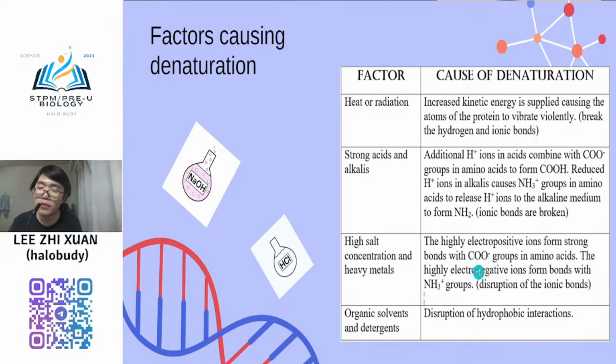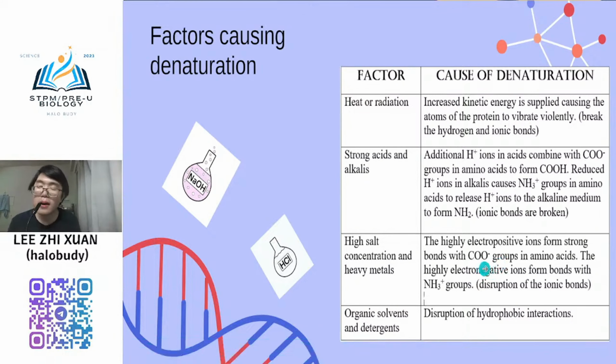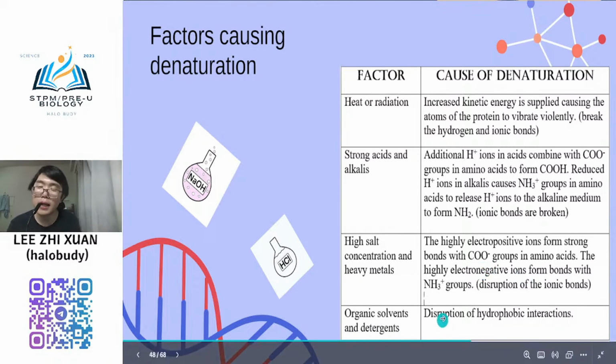Actually, in a real situation, your COO negative, your carboxyl group should form bond with the amino group, right? In a natural situation. But because they are highly electropositive ions, highly reactive, your carboxyl group will not bond with the amino group.